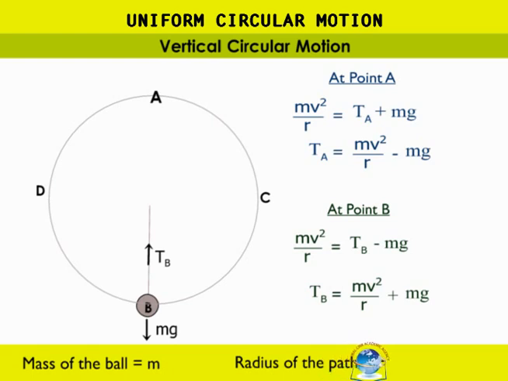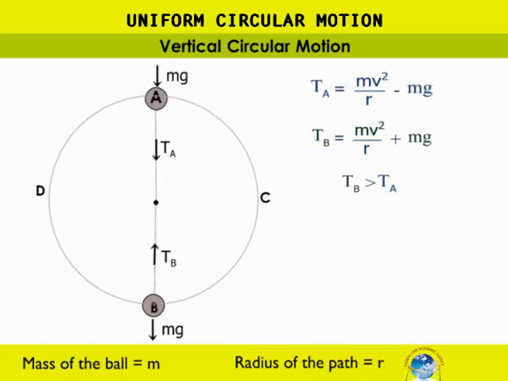From these equations, it is evident that Tb is greater than Ta. The tension in the string is therefore maximum when the object is at its lowest point and the string is most likely to snap at this position. Also, from the above, it is clear that the tension is minimum when the object is at its highest point of the circle.